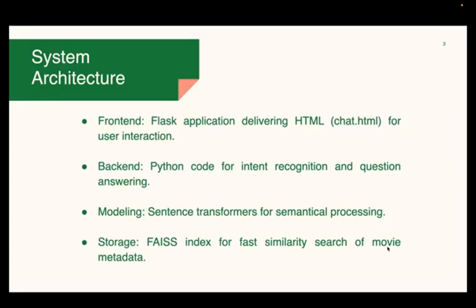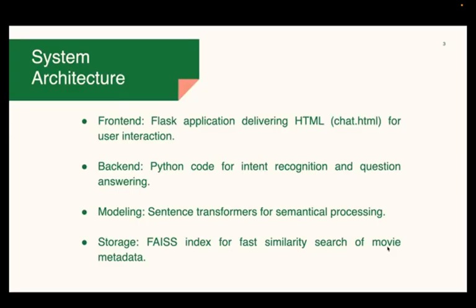On the backend, user input is first analyzed using sentence transformers, which convert the question into a semantic vector. The vector is compared with the precomputed movie vectors stored in the FAISS index, enabling us to find the closest match even with fuzzy wording.